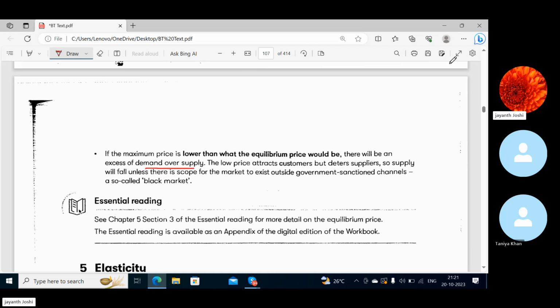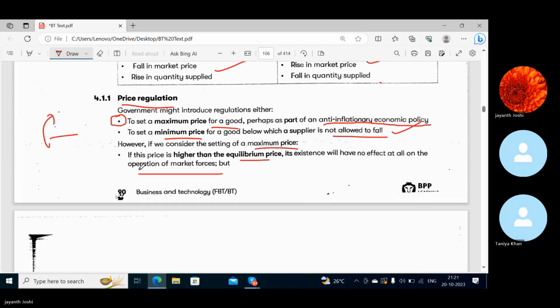So what happens if this price is higher than the equilibrium price? Equilibrium price is, say, 10 rupees and the government is setting 15, right? Its existence will have no effect at all on the operation of market forces. No problem. This is the equilibrium price, where quantity demanded is equal to quantity supplied.